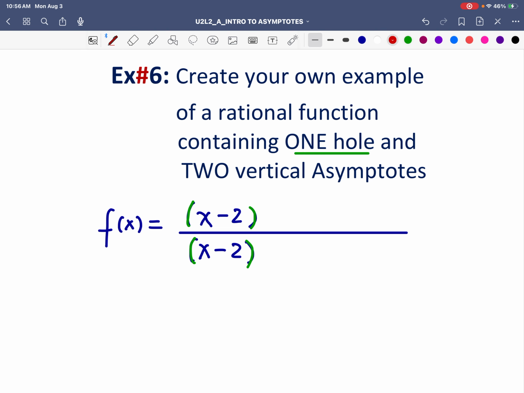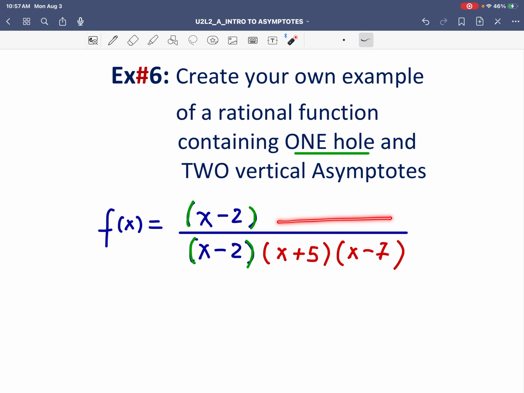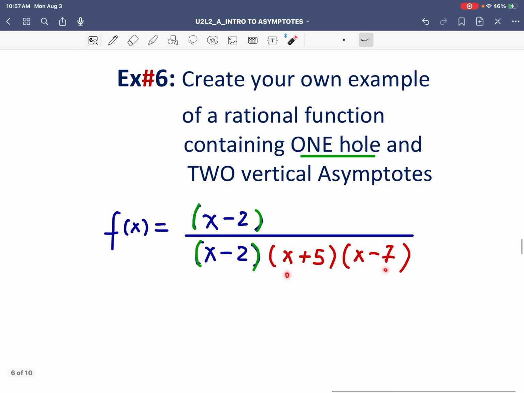Now, for vertical asymptotes, we still need to have the 2 vertical asymptotes. And for this, in this case, I'm going to choose x plus 5 and x minus 7. Now, it is up to you if you want to add something else to the numerator. It doesn't really matter. It won't affect the vertical asymptotes. You can add a constant number here.